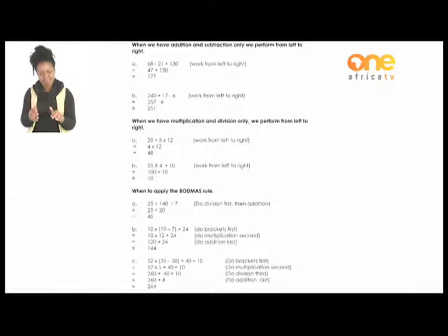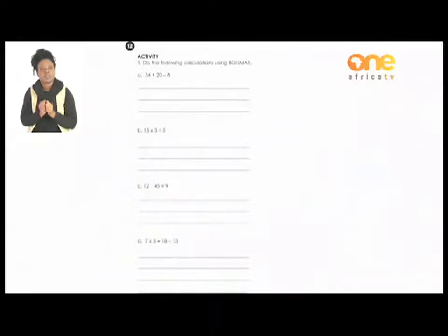Just follow BODMAS always from left to right. And now we can turn to page 12, where we have a very nice activity for you guys to do. Now let's go through our activity. It says, do the following calculations using BODMAS. A, 34 plus 20 minus 8.